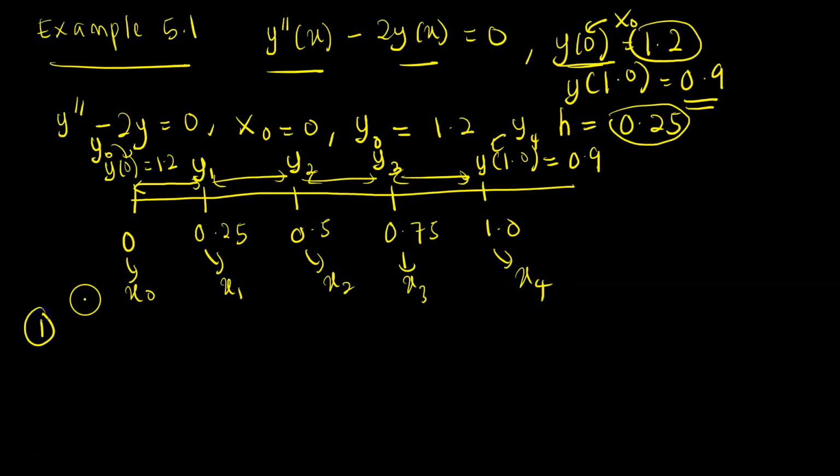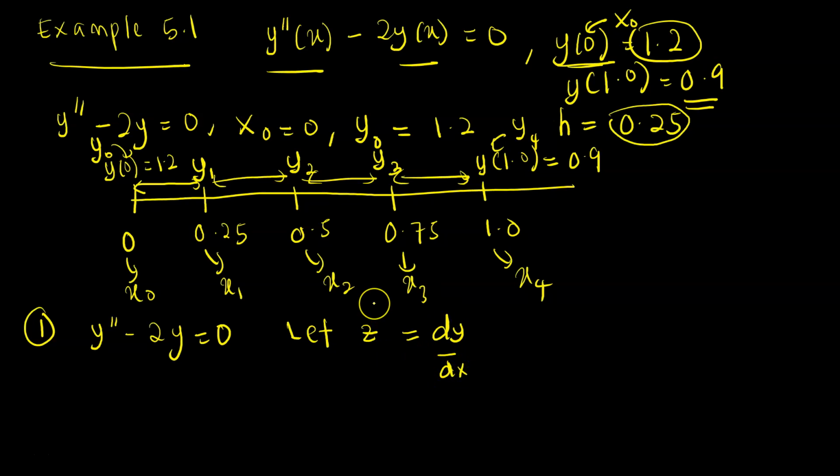Step number 1, class. If you still remember, you need to reduce this second order ODE to a system of first order ODEs. We have y'' - 2y = 0. When I reduce this into a system of two ODEs, I need to let z equal dy/dx. You always need to write it like this.